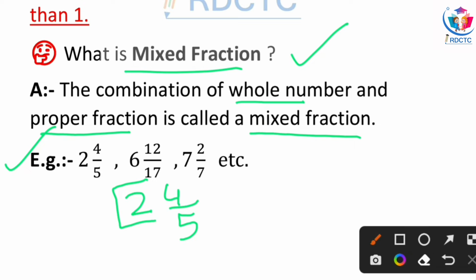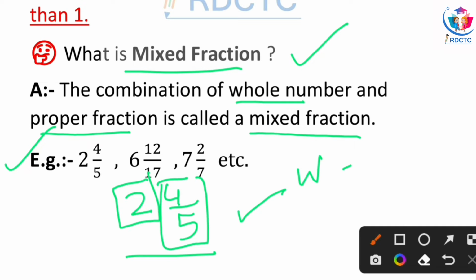Here 2 is a whole number and 4 by 5 is a proper fraction, and the combination of them is called mixed fraction. Mixed fraction is made with the combination of a whole number and a proper fraction. Okay.